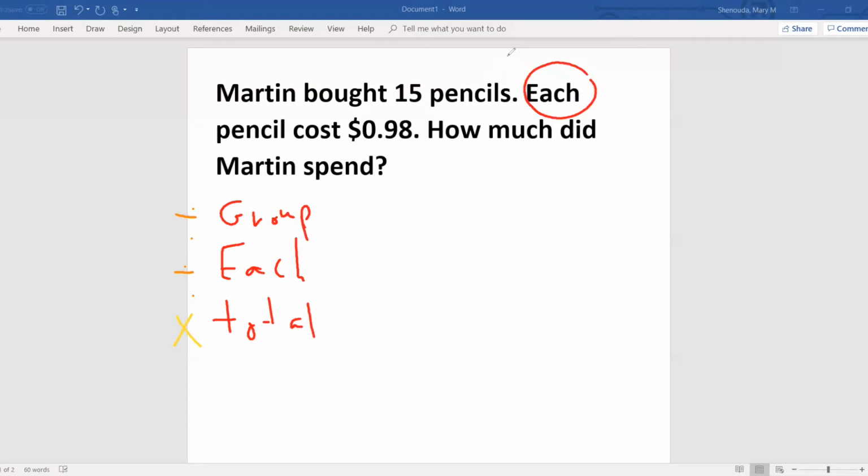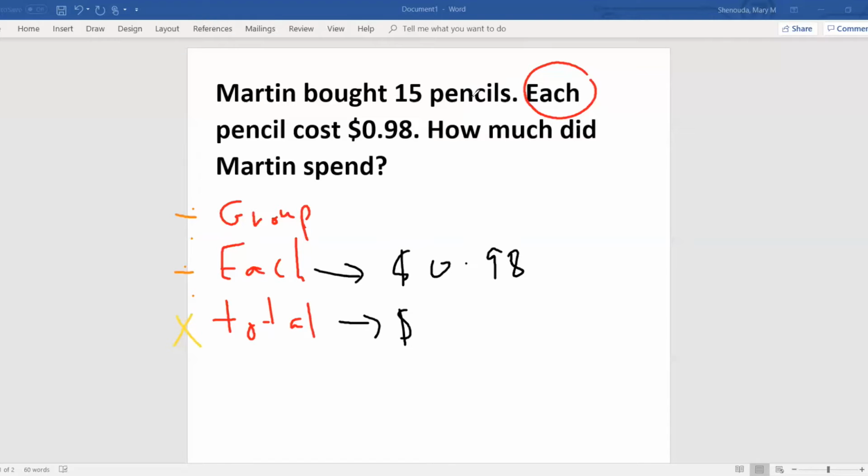So now we gotta plug in what we know inside the GET. It says that each pencil costs 98 cents. So for each, I'm going to put 98 cents. We also know that each and total have to have the same unit. So if each is in cents or money, then the total also has to be in cents or money.